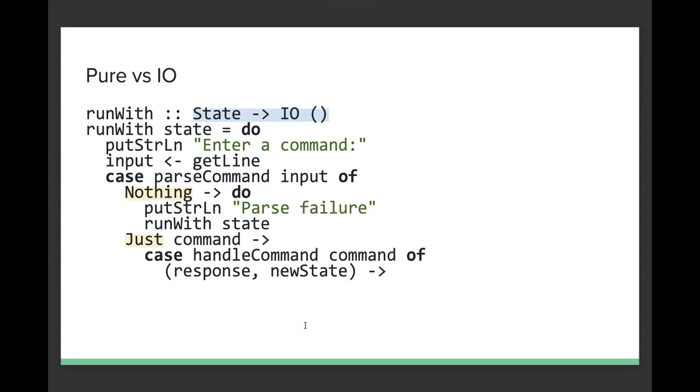Now handle command, and I forgot here to pass an important bit of information. So this is a handler, which is a function, right? So we have to pass here the current state to the handler to get the response and the new state. But now that we have the response and new state, we can just print the response and run recursively with the new state.